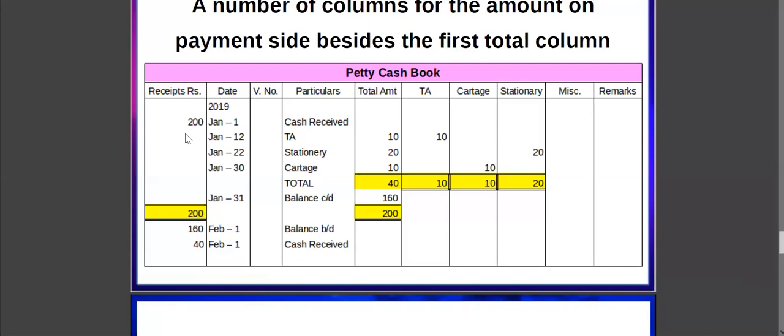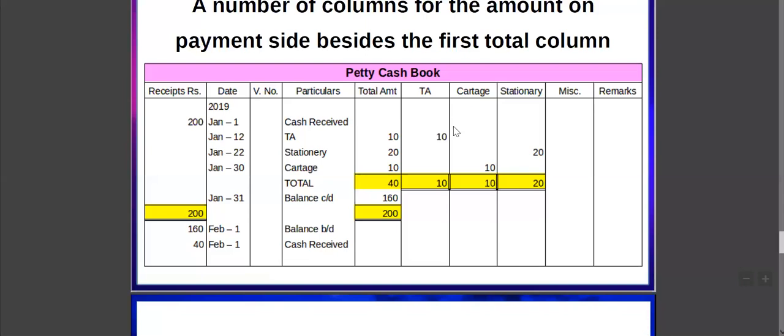See the receipts. The receipt side is the advance. The clerk receives the amount beforehand for the purpose of meeting expenses. This is called advance, cash received from owner. In this entry, cash received 200. January 12, TA allowance.